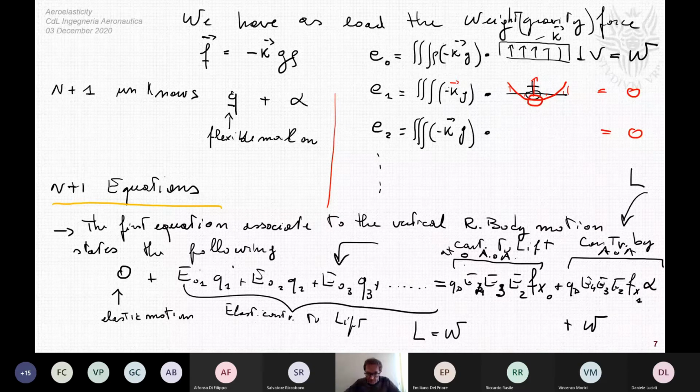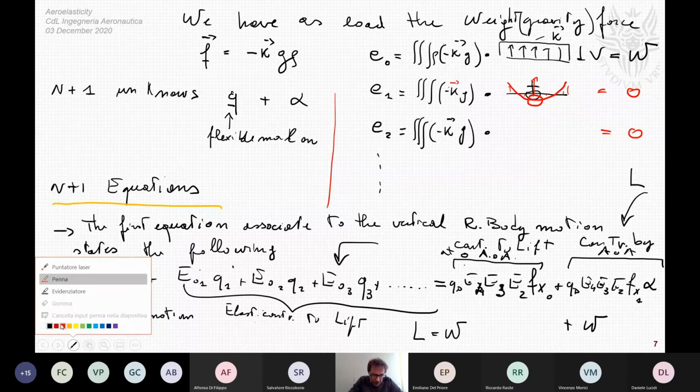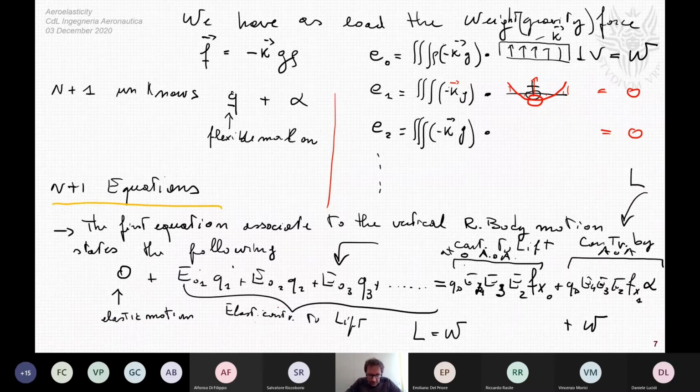And if you analyze the first equation, we have clearly the balancing of the following three contributions: the contribution to the lift of the elastic deformation or flexible deformation, the contribution of the rigid body part as given at zero angle of attack.